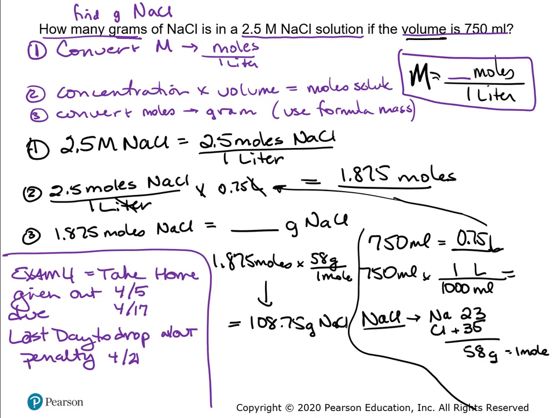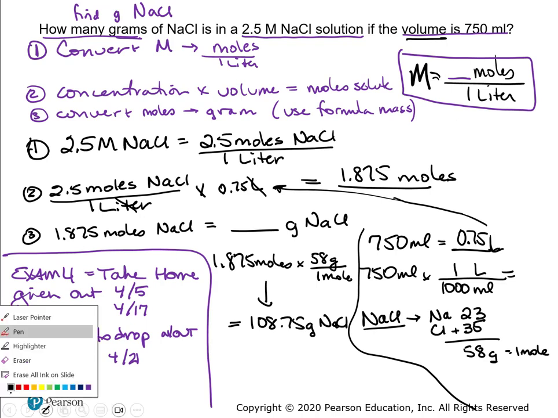So sort of 3 steps. 1, anytime you have percent or molarity, put it in its units. If you want to know how much solute, it's always going to be concentration times the volume. That'll tell you how much solute you have. And if you have moles, you've got to convert it to grams using the formula mass.